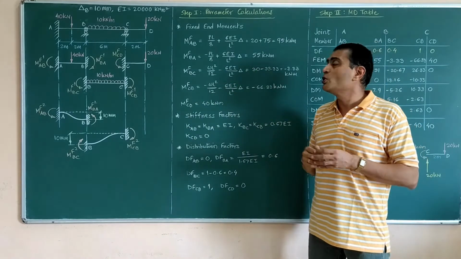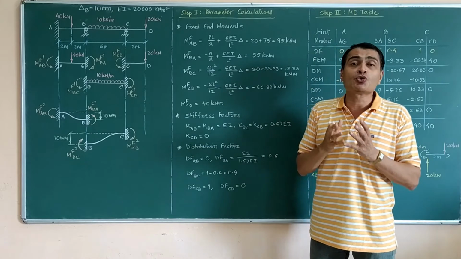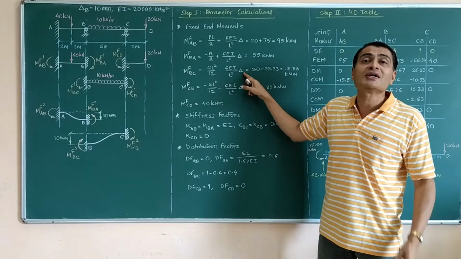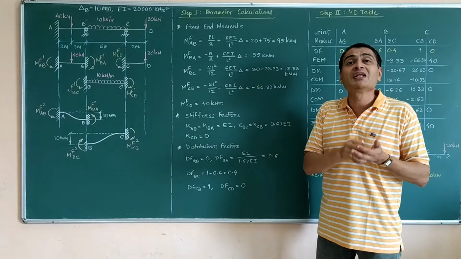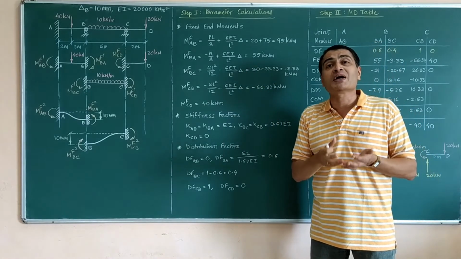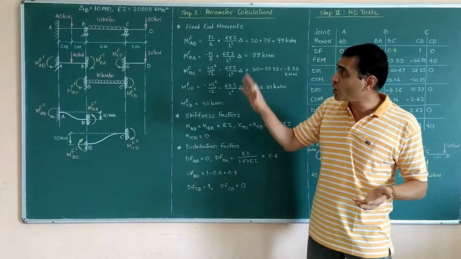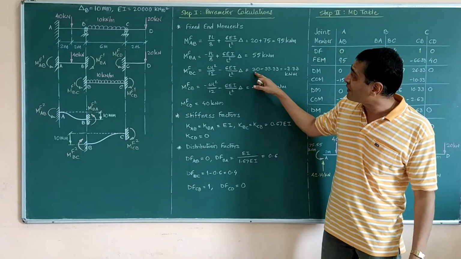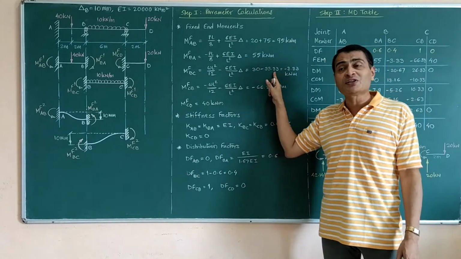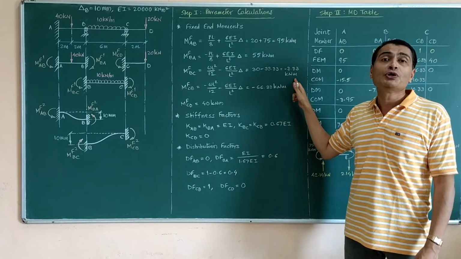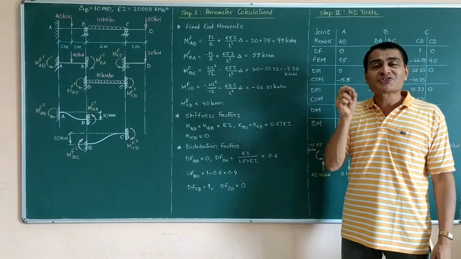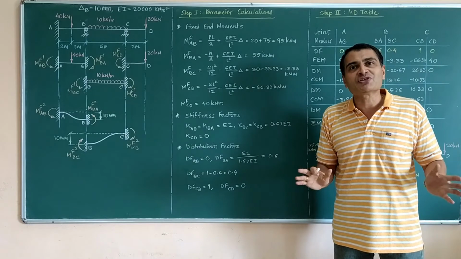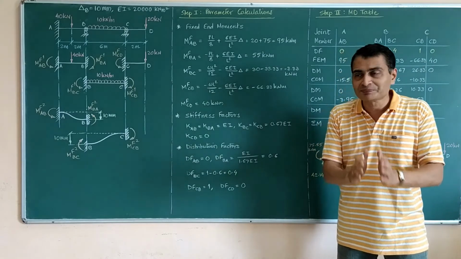I substitute W, I substitute L, I substitute EI. Obviously in all these expressions I am substituting delta as 10 millimeters, means 10 into 10 power minus 3 meters, because all our units are kilonewtons and meters. And I am getting here 30 minus 33.33, that is negative 3.33. Please calculate, please check, confirm that you are getting the same values.